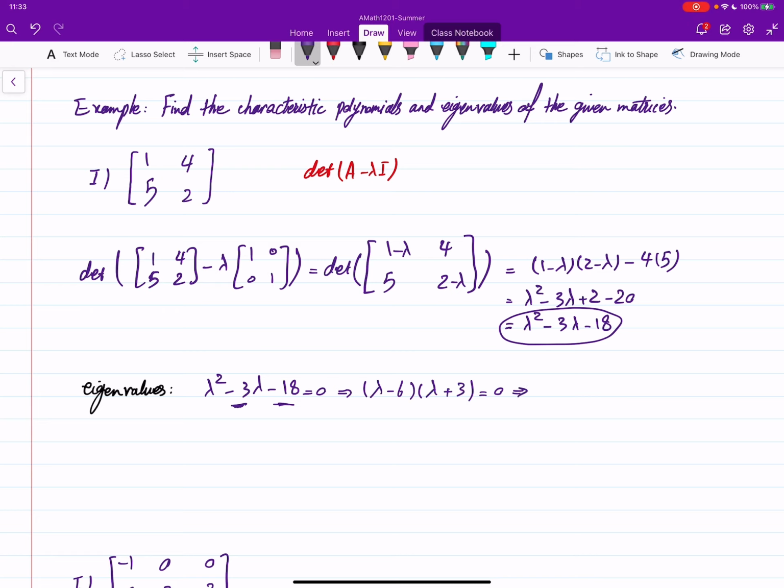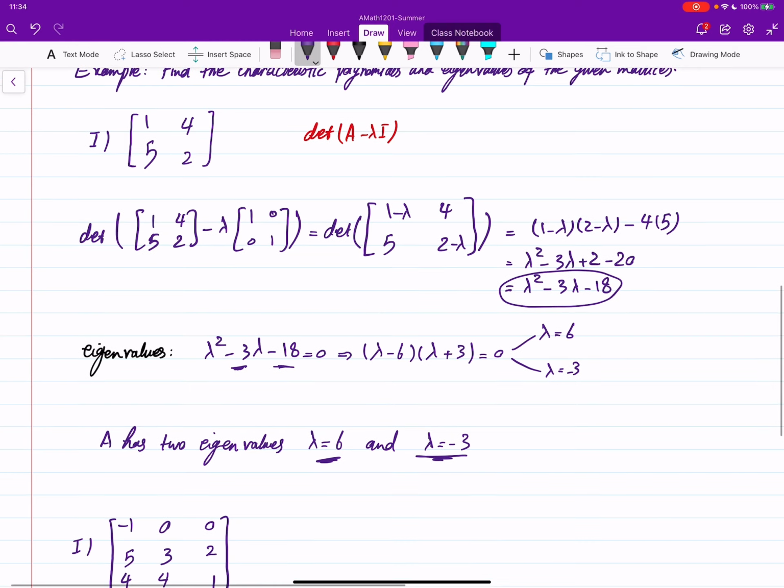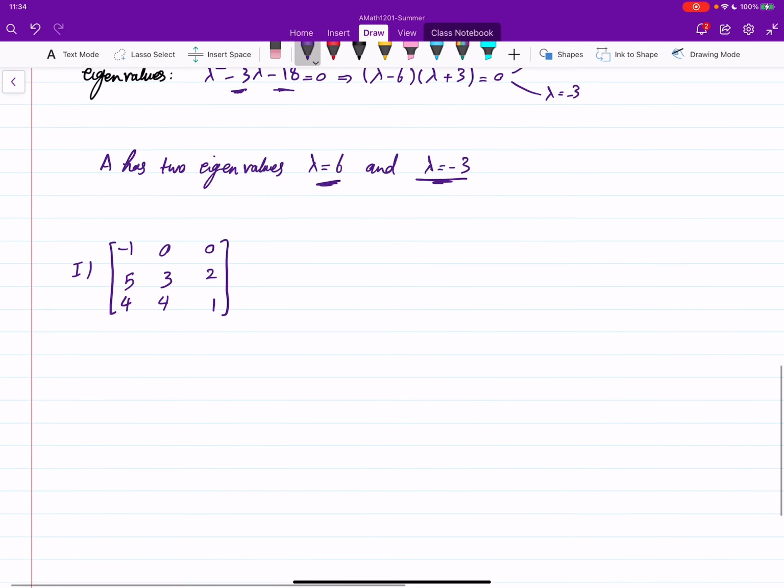From there, either lambda is 6 or lambda is negative 3. So A has two eigenvalues, lambda equal to 6 and lambda equal to negative 3. This is where we can start; now you can find eigenvalues and then go from there and find eigenvectors for each one.